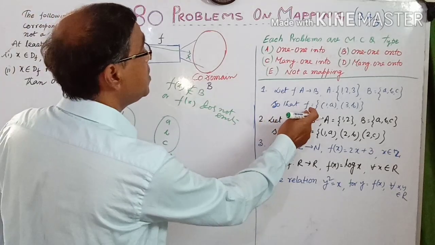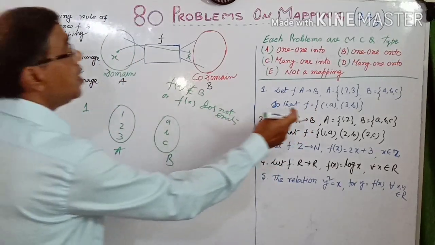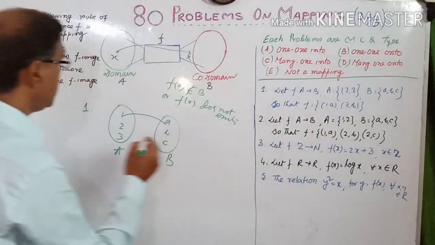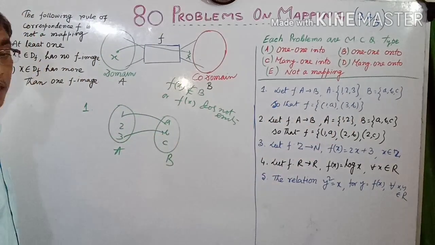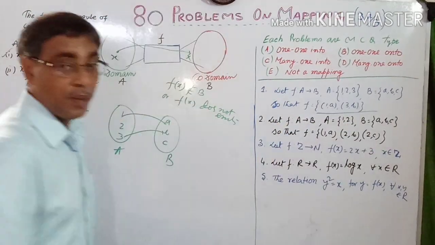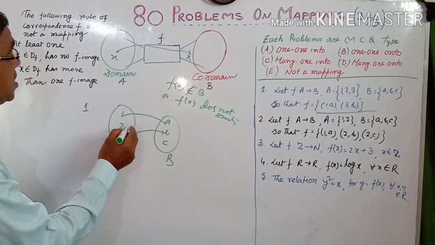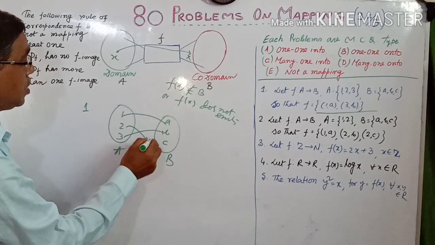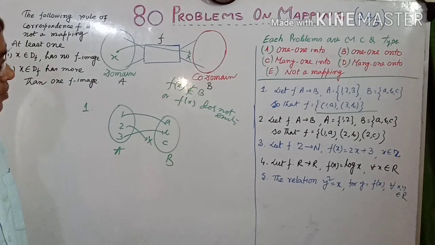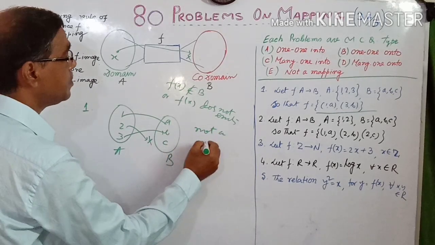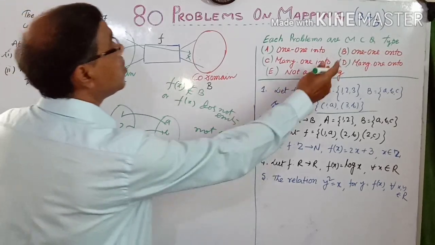Here the given correspondence is 1 to a, 3 to b, but 2 has no mapping. 2 does not correspond to any element of the codomain. f(2) is not given. Therefore, it is not a mapping. That is, the option is E.